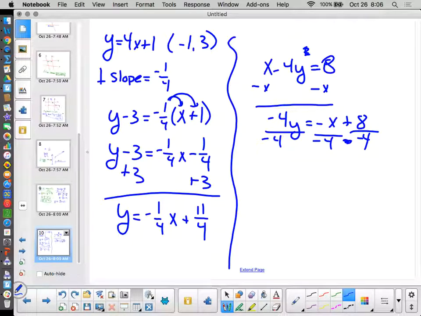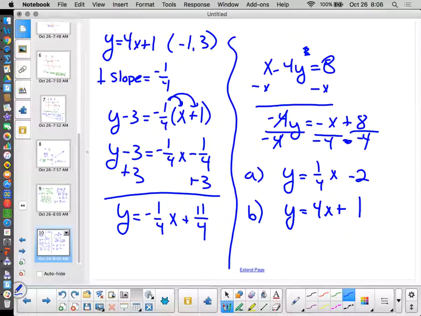Sorry. And the negative 4's cancel. Negative over negative is positive. y equals 1/4 x minus 2. So that's my first equation. That's line A. B is y equals 4x plus 1. That's given to us. We don't have to rearrange that one.